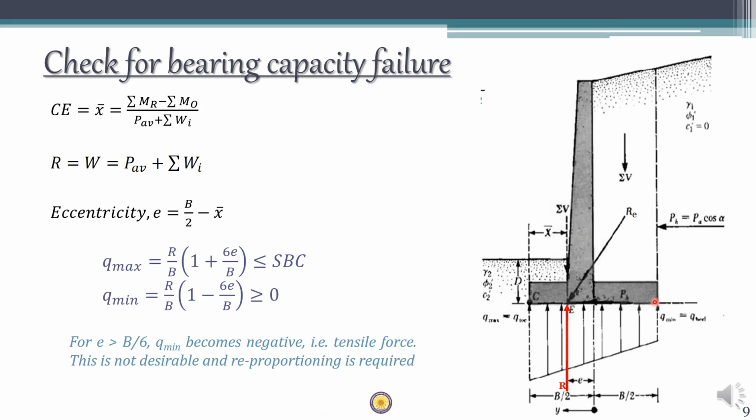So in order to ensure this condition, we have this rule that e should always be less than B by 6, which means that the reaction should lie within the middle third of the base.